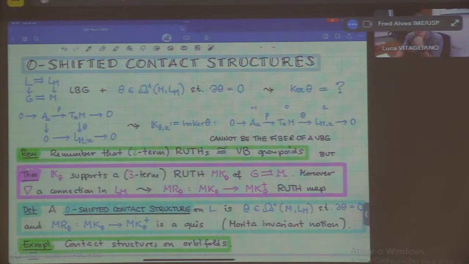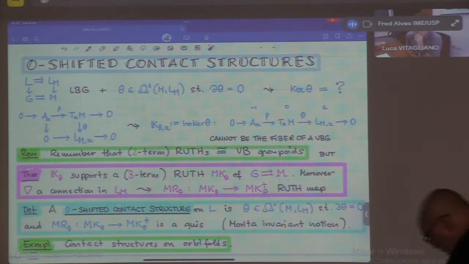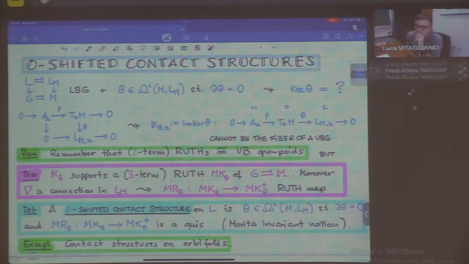Do you hear me, Luca? Yeah. I was just wondering, in this shifted symplectic case, you can rephrase moment map conditions by looking at the Lagrangian structures. Have you thought about something similar in this setting by considering Legendrian structures or something like that?